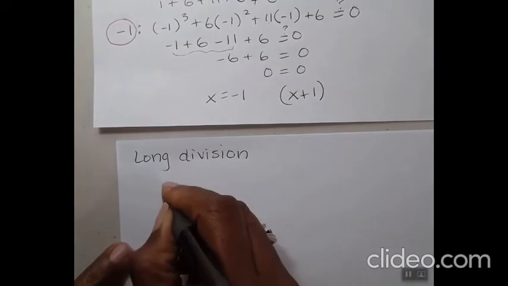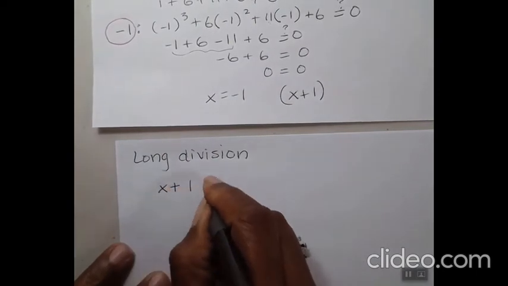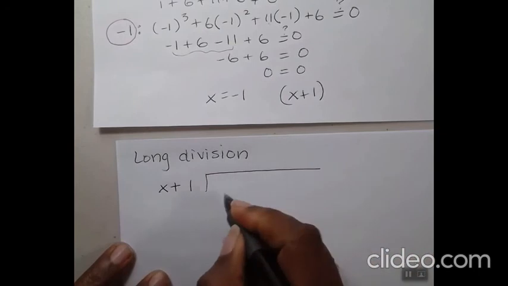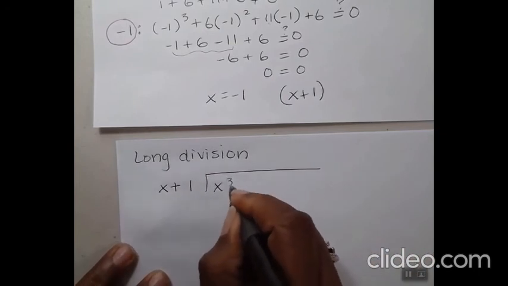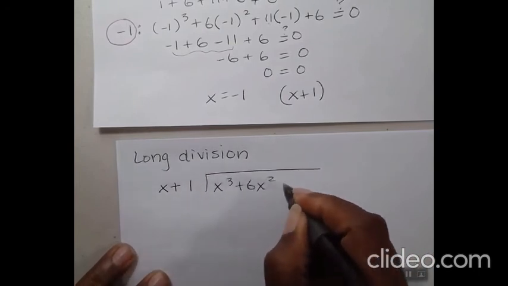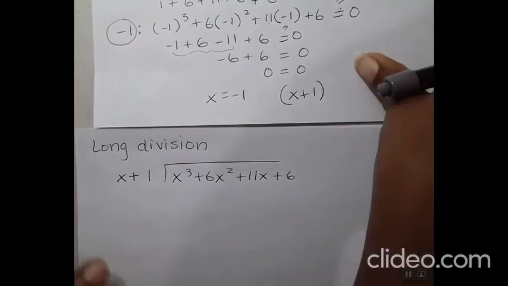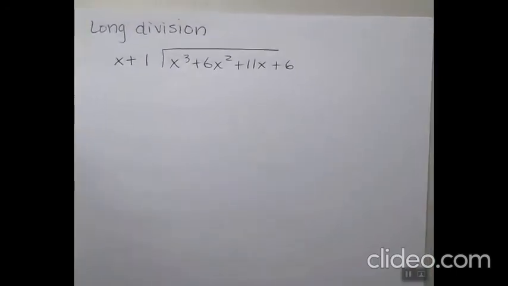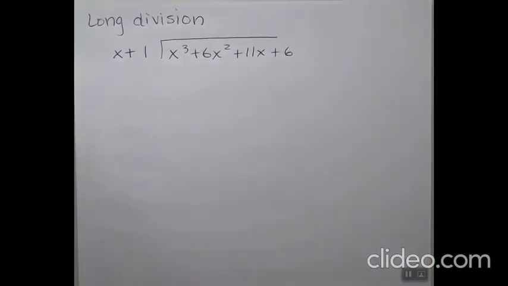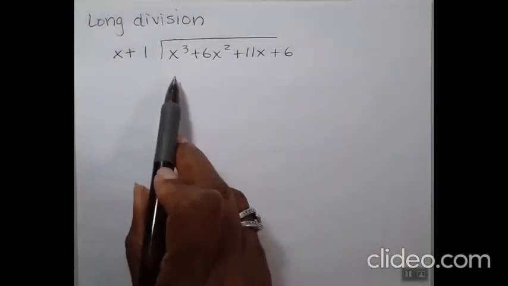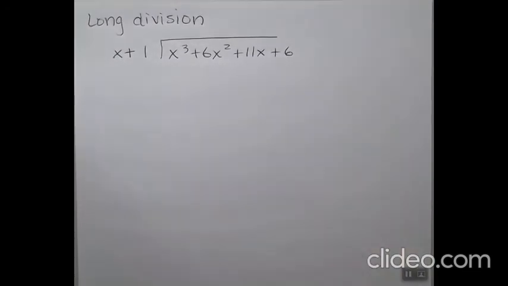So we take our x plus 1, and we're going to divide that into our x cubed plus 6x squared plus 11x plus 6. I want to rewrite the original equation to see. It's right here, x cubed plus 6x squared plus 11x plus 6.